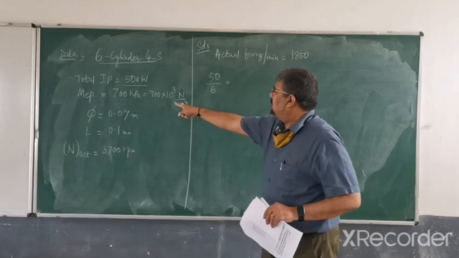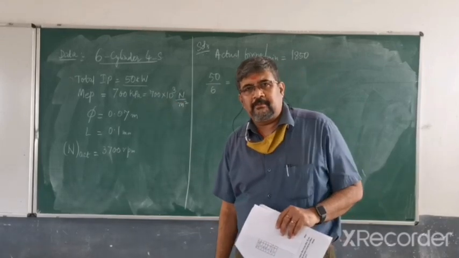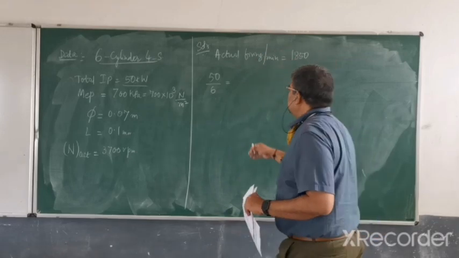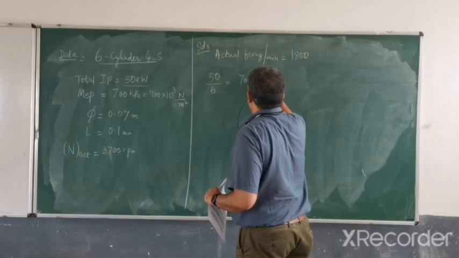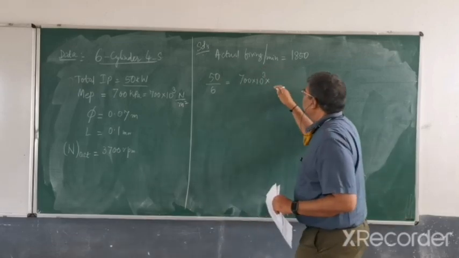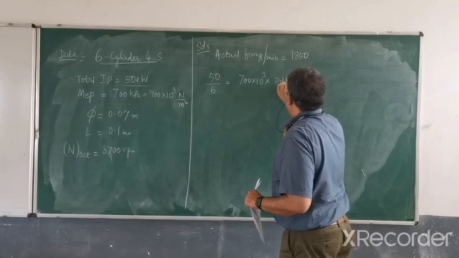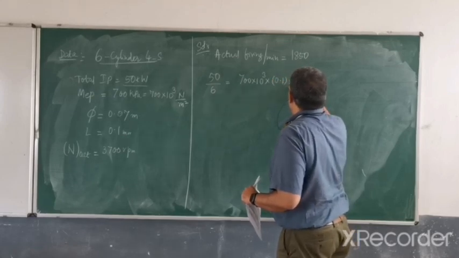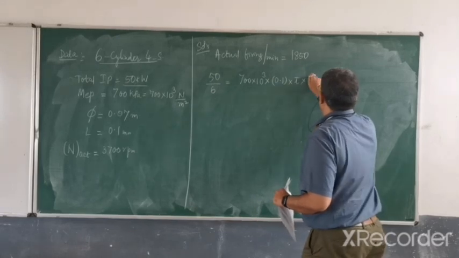Now we have the mean effective pressure value given in Newton per meter square. So I will write the equation as 700 into 10 raised to 3, that is PM. Then L is 0.1 into pi d square, that is 0.07 square.